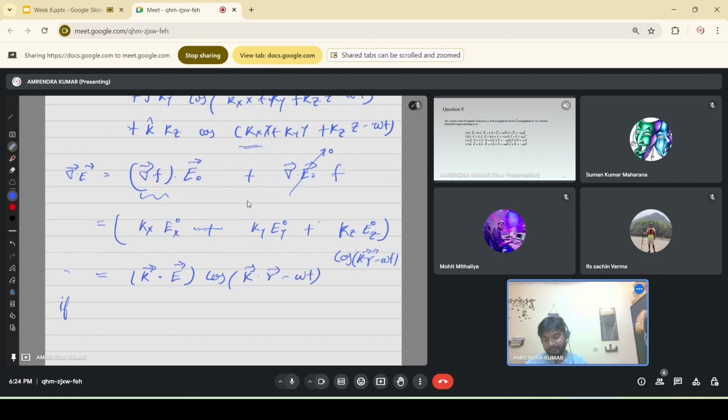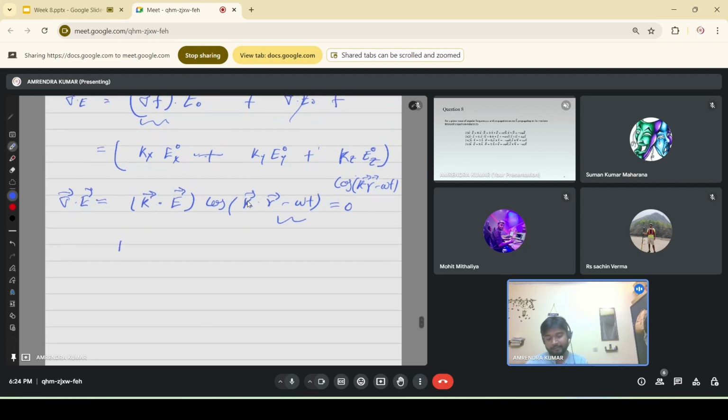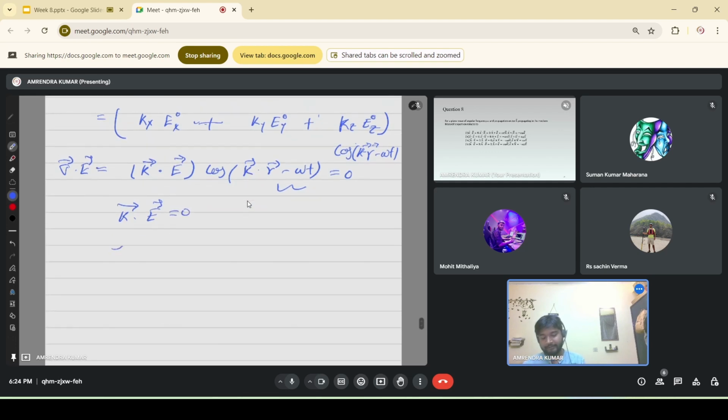So del dot E will be something like this and equal to zero. So this is obviously non-zero for some constant phase. So for some arbitrary phase, it will not be zero. So k dot E is zero. And similarly, we can prove that del dot B is equal to zero. This suggests that k dot B is zero.